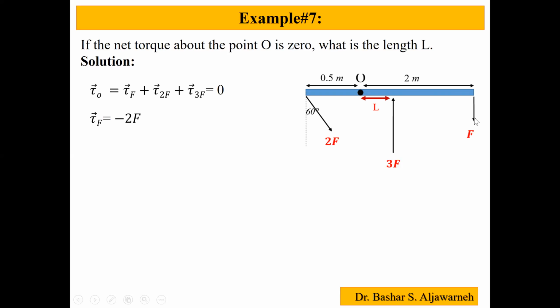And the direction of the torque due to this force will be clockwise, that's why it's negative. Torque coming from 3F will be the distance from here to here, which is L, times the magnitude of the force, which is 3F. So the torque will be 3FL. And be careful, the direction of this force is all the way up, but the direction of the torque will be counterclockwise, which means it's positive.